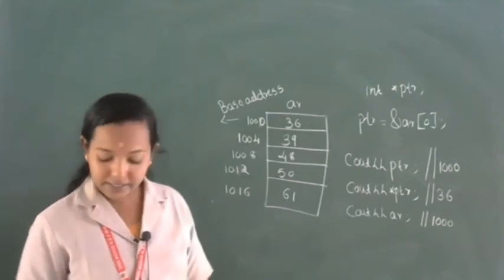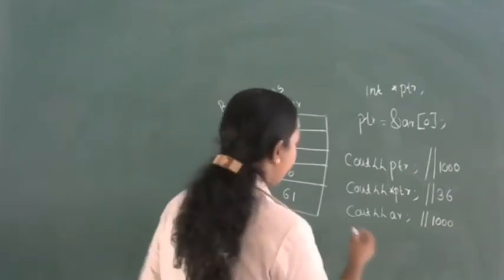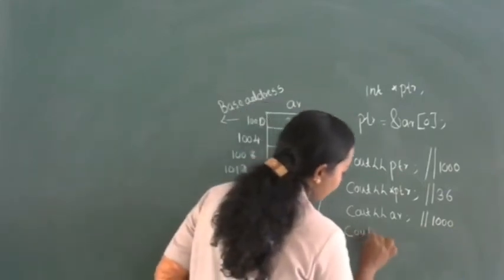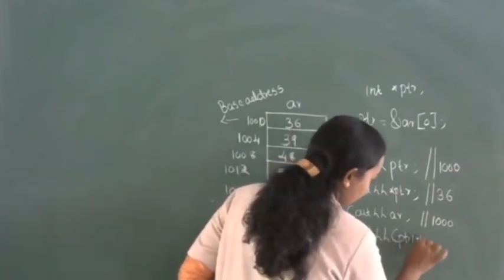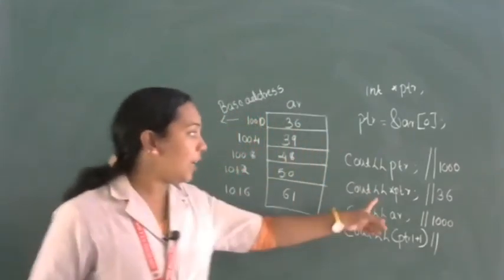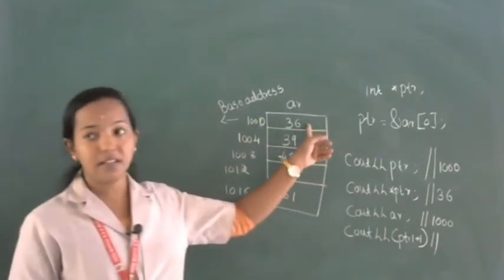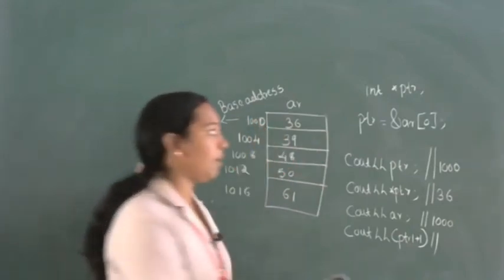Then next case, suppose in your textbook so many examples are there. Here I am going to write cout PTR plus 1. Now the value at PTR is 36 because it is pointing to the first location. If we are incrementing by 1, what will happen?